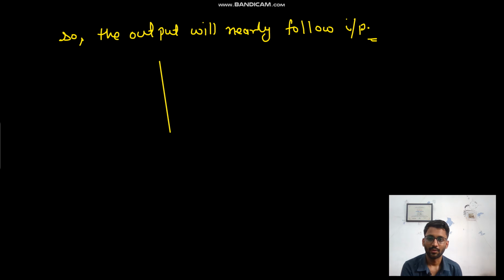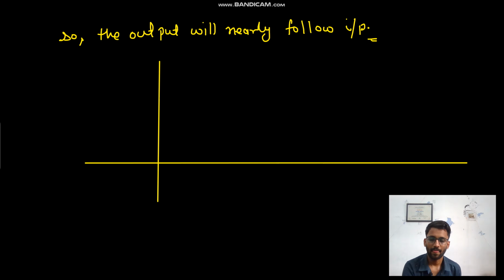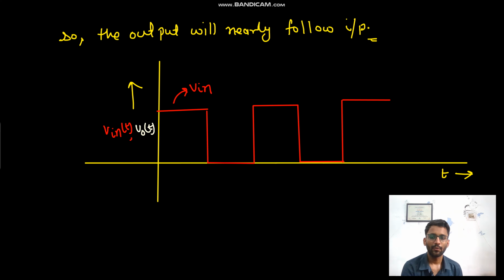So talking about the waveform now, this was your input. In the waveform, this was your V in, and your V naught was something like this, right?